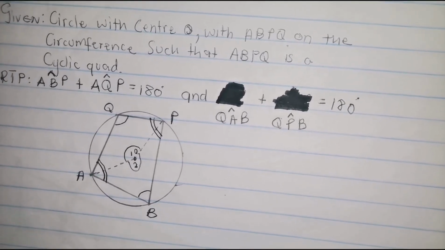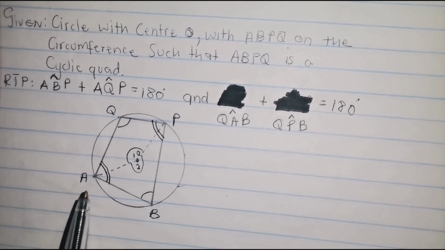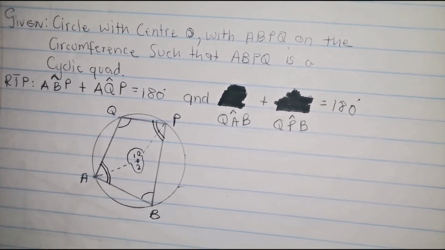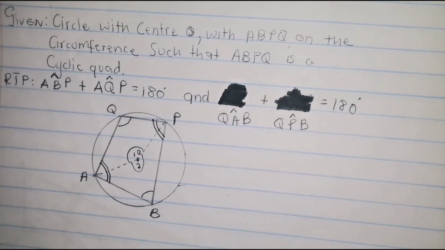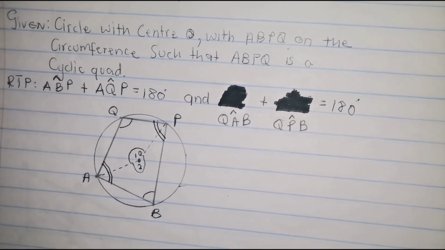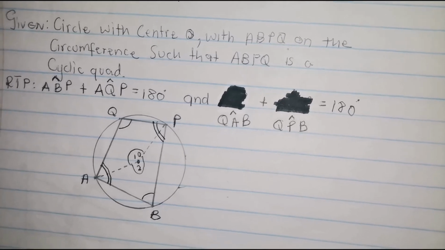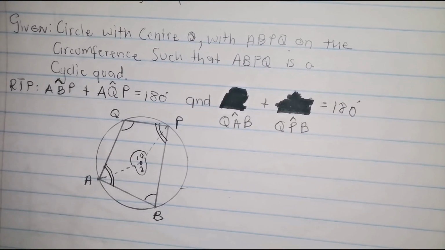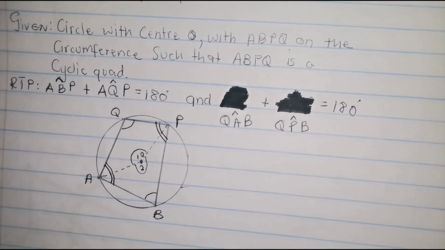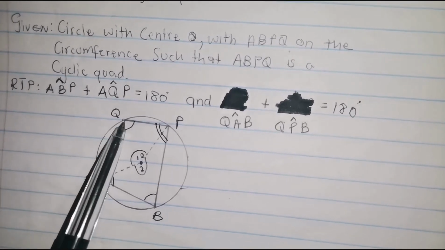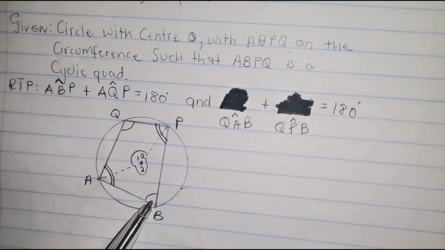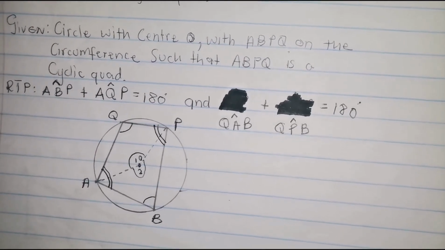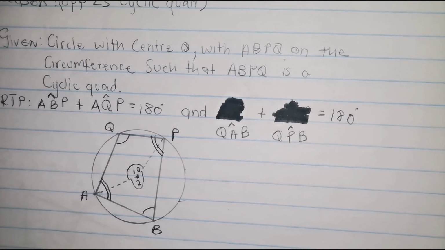I have constructed AO and OP for you, but at some point they will not do that. You need to construct for yourself. But I'll show you how to prove it right now. For now you are required to prove that angle Q plus angle B equals 180 degrees. It's so simple, guys. Let us just start.